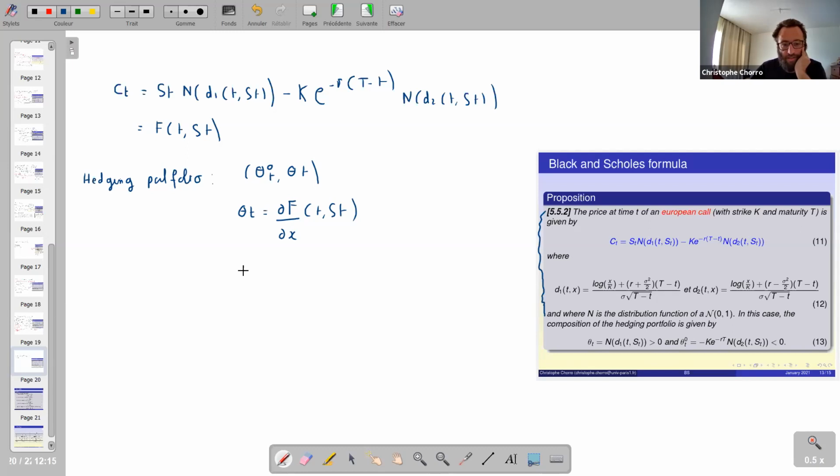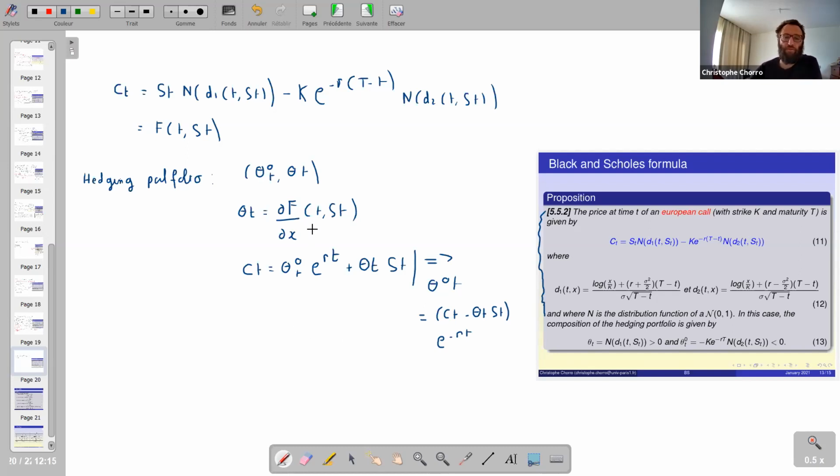And in fact, what is C_t? C_t is equal to the quantity of non-risky asset multiplied by the value of the non-risky asset plus theta t S_t, implying from this one that theta 0 t is equal to, I can write it this way, C_t minus theta t S_t, exponential minus rt.